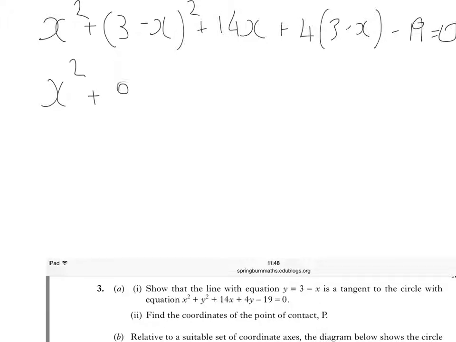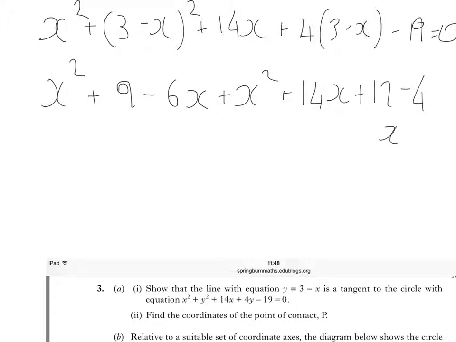So x squared plus 9 minus 6x. If you need to go to the side, I would advise that you do that. Plus x squared plus 14x plus 12 minus 4x minus 19, and that's equal to 0.